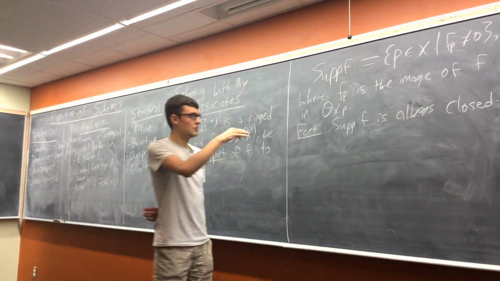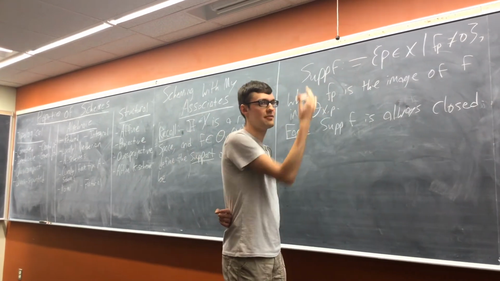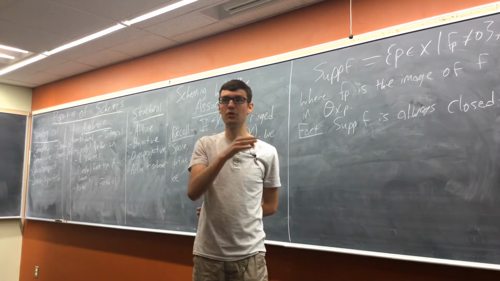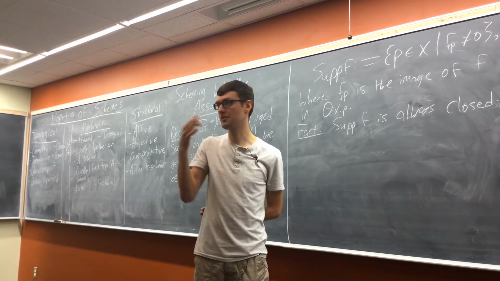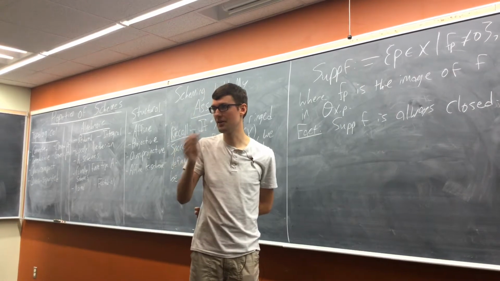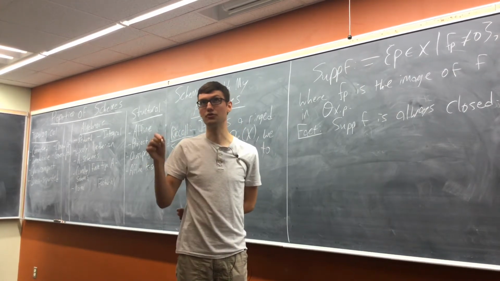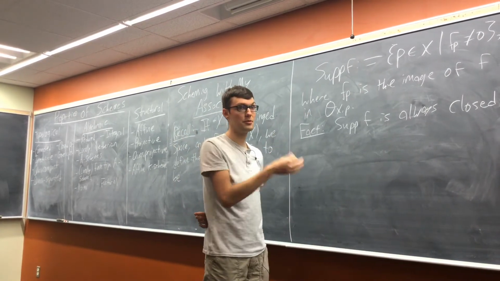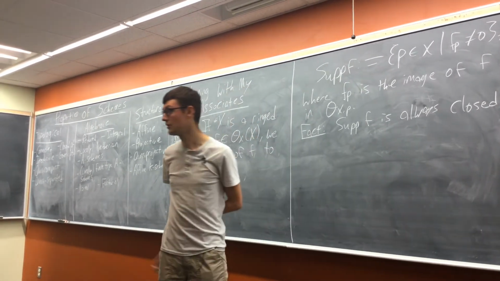If you've got a point at which the image of f in that stalk is 0, then by definition of stalk, I can find you a neighborhood of the point on which f restricts to the 0 function. And then at every point in that neighborhood, I'm going to have a 0 germ in the stalk. And so that proves the complement is open, and so we're all good.